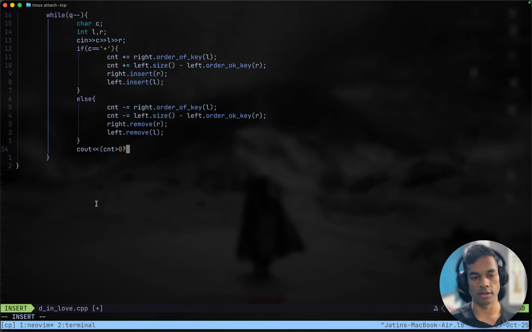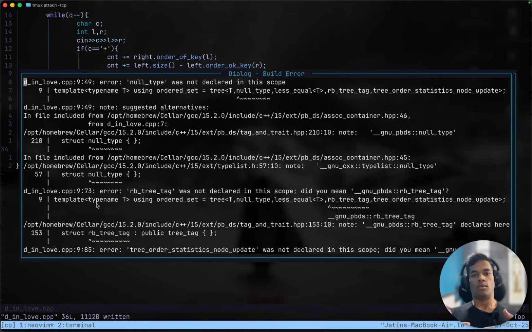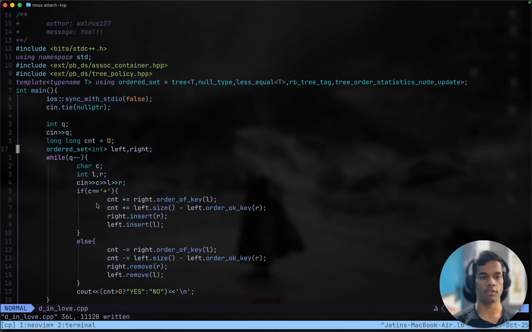If it is greater than 0, then we'll say yes, and if it is not, then we'll say no. Null type not declared in this scope.